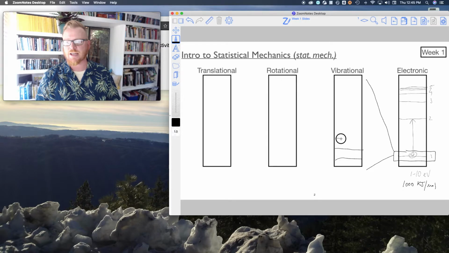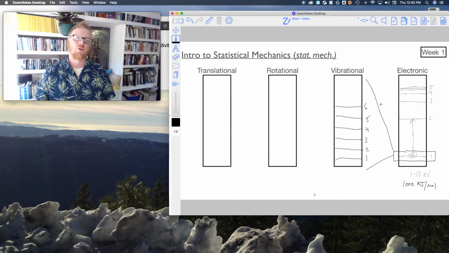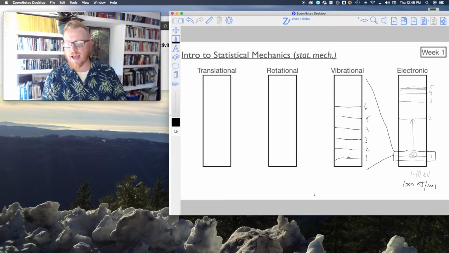As it turns out, what we'll discover more in 362 is these levels are evenly spaced. I know I'm not drawing them evenly spaced, but you'll have to pretend. So level 1, 2, 3, 4, 5, 6, etc. They're all evenly spaced, okay? And once again, we expect all molecules in the vibrational level to exist at their ground state, and I'll talk about why that is, okay?